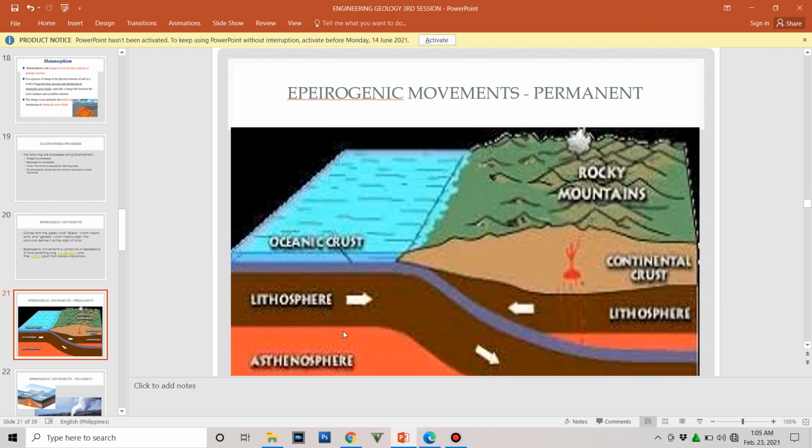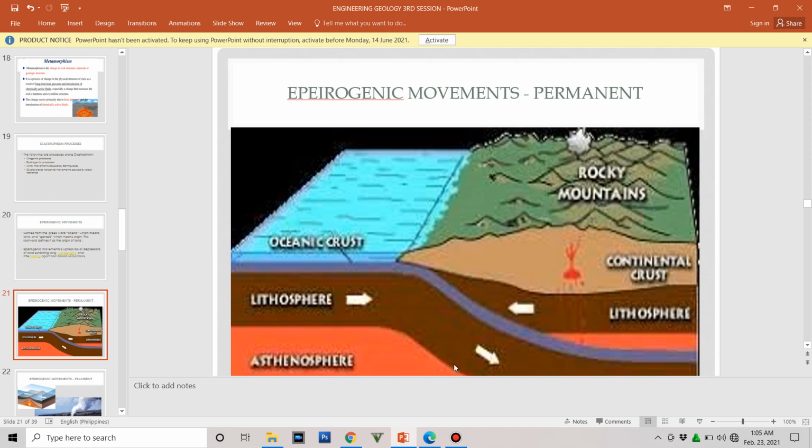So on the slide we can see EPEIROGENIC movements that is permanent, because EPEIROGENIC movement can be either permanent or transient. So when we say transient, it simply comes and goes, no?